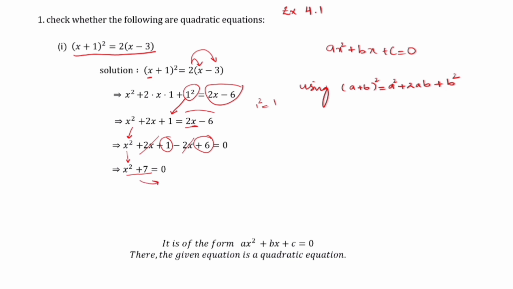Because this last expression can be written as 1x squared plus 0x plus 7 is equal to 0, where 1 here is a, b here is 0, and c here is 7. So therefore the given equation is a quadratic equation.